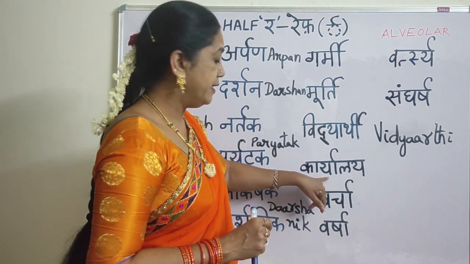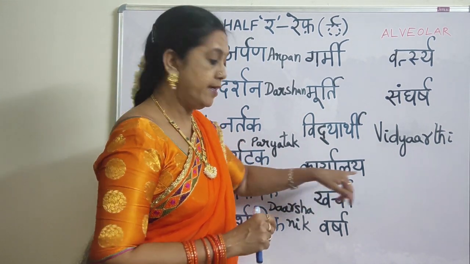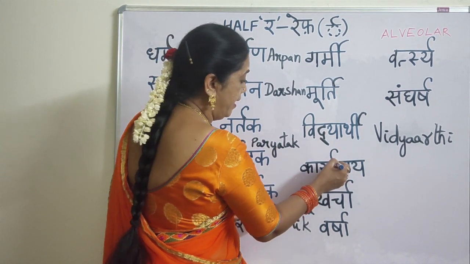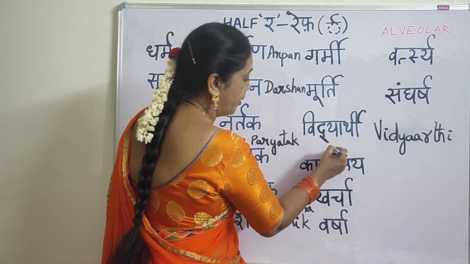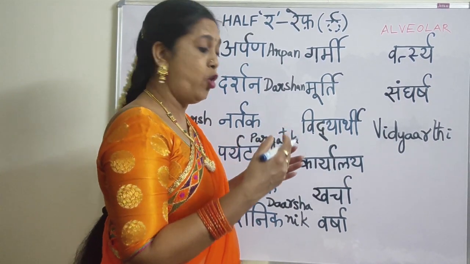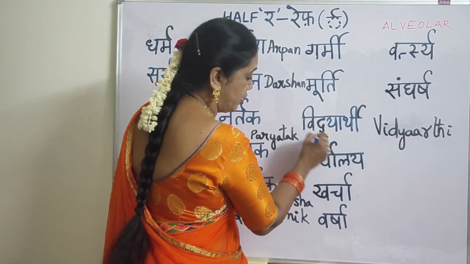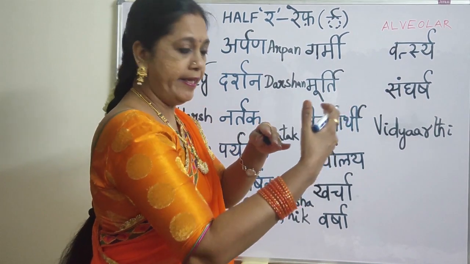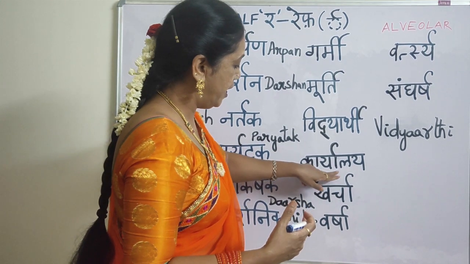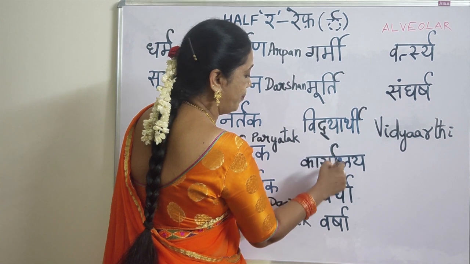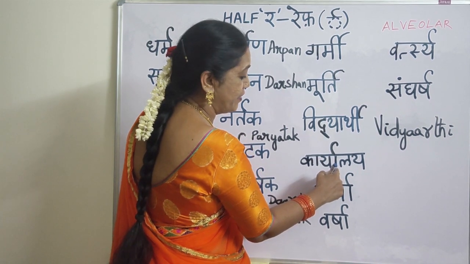Now the next one. Ka, ya, la, ya. Here a matra is there. So remember when a matra is there, on this line only you will have this. Like how you write O. When you have O, you put here and you put the top stroke this way on O. So the ending one, there only you will have. So here, A is there. You cannot put it on this. You will not put on this, but you will put on the standing line which has come.